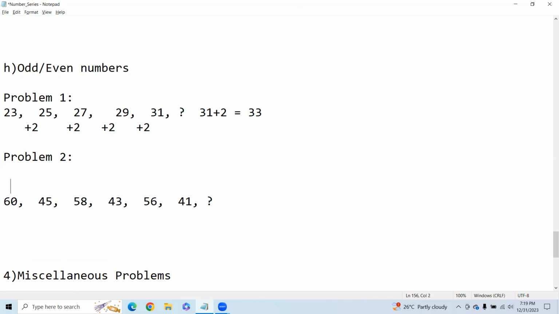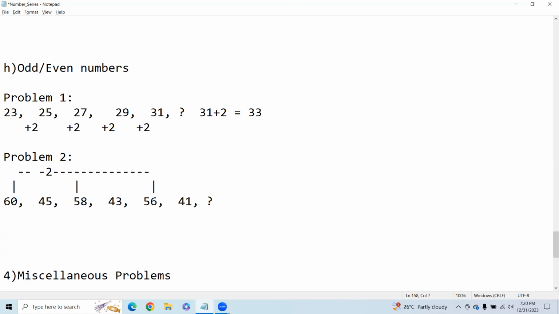So if you look at this, 60 and 58. Let's try to show it like this. Here it's nothing but minus 2. If you do 60 minus 2, you will get 58. So this is the pattern over here. Now again you go next, you get 58 minus 2, that is 56. And if you look at the alternate, this number 45, again 45 minus 2, you get 43.